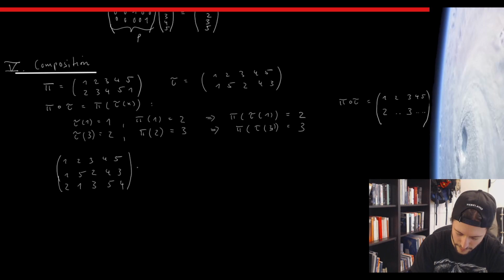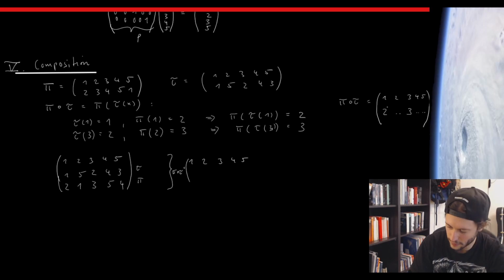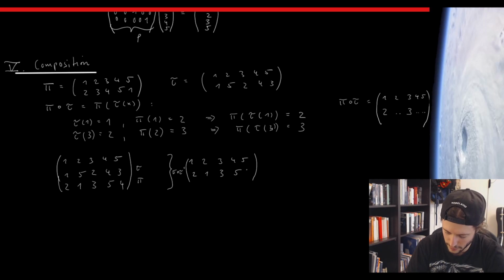So this was tau, this was pi. And combined, we should get the same as on the right hand side. Should get 2, 1, 3, 5, 4, and at least for the two numbers we tested, that's the same.